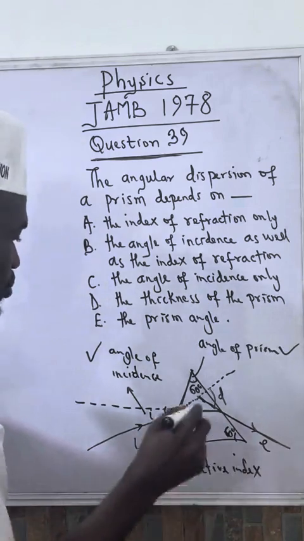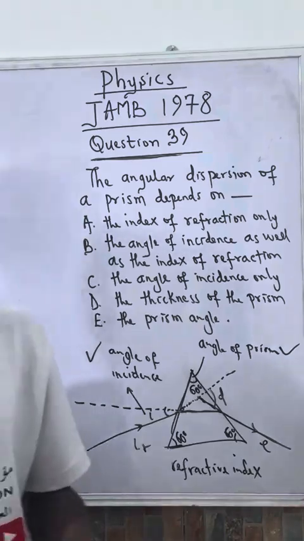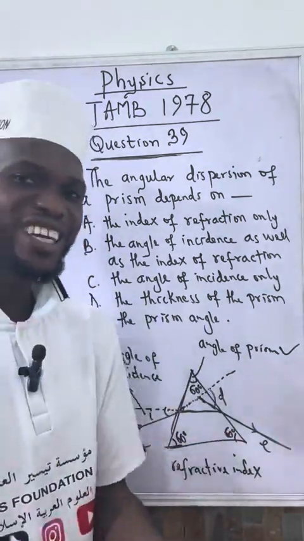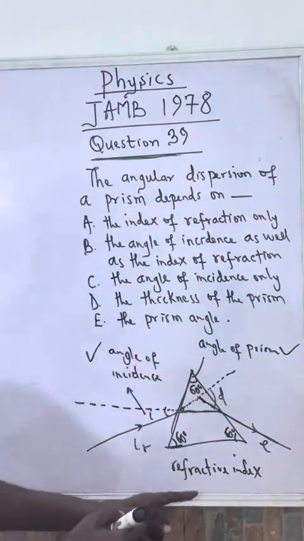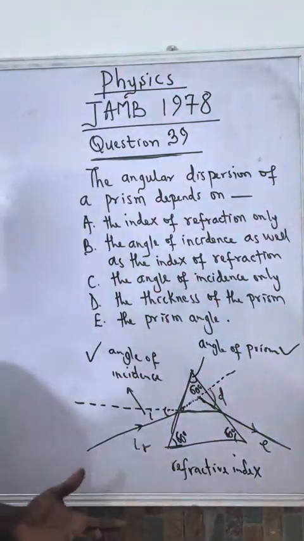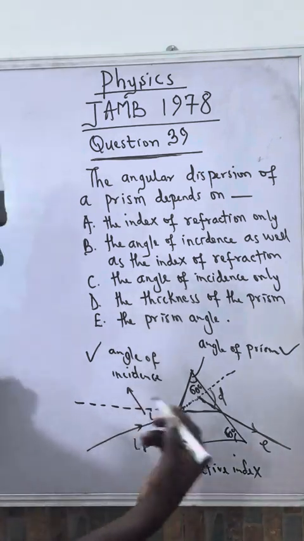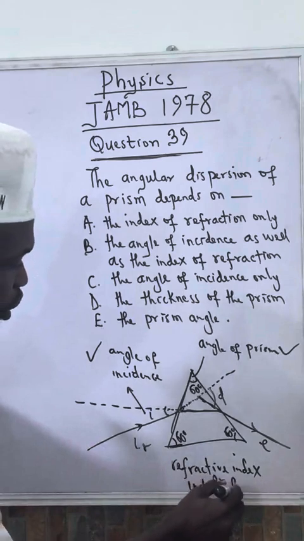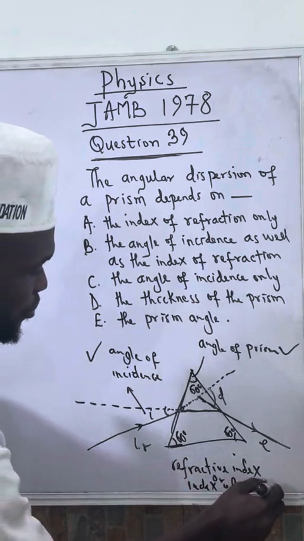Some materials will allow light to disperse more, while some will allow light to disperse a little bit. Refractive index is also known as the index of refraction.